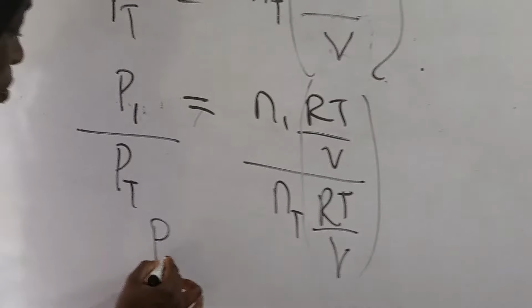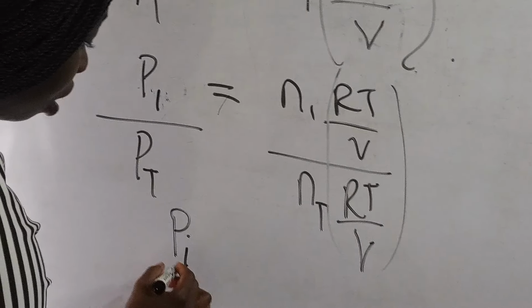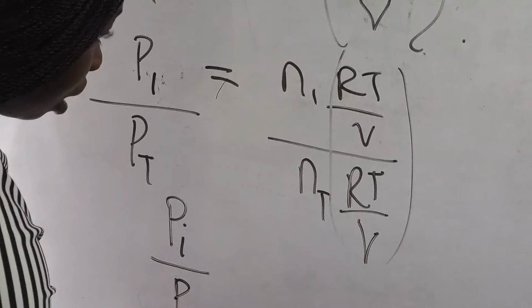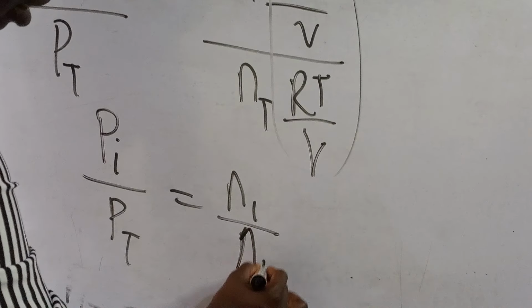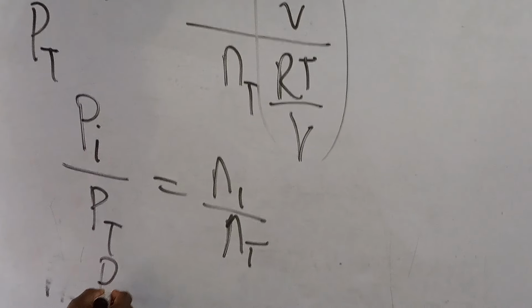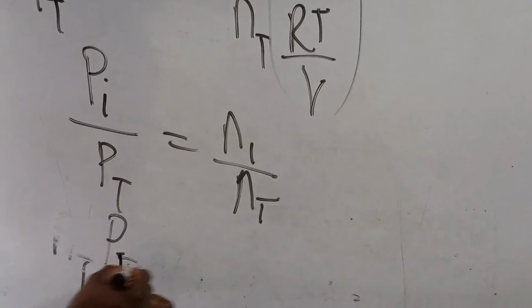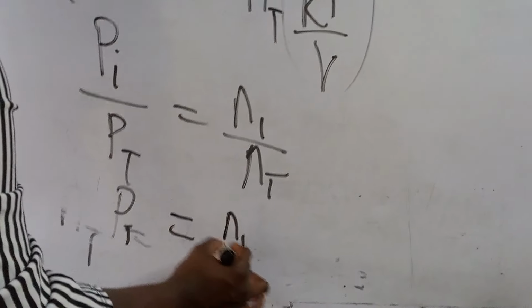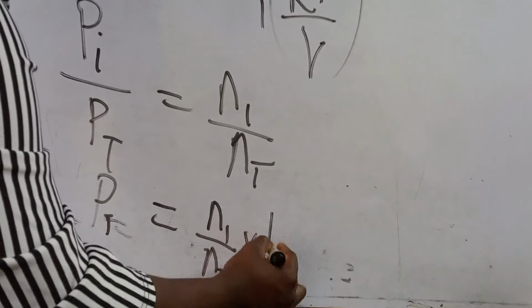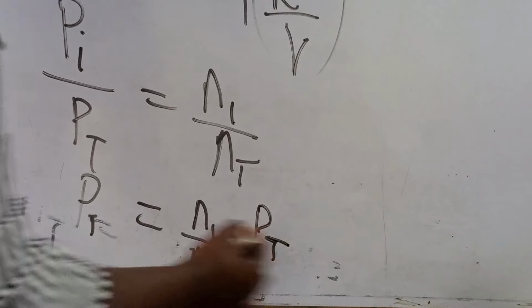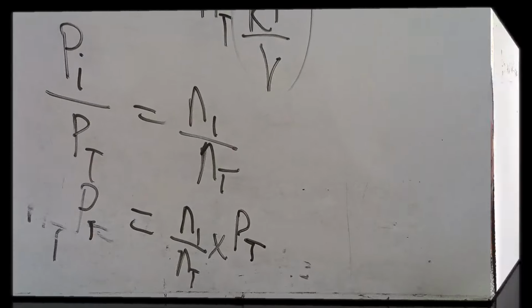We will be left with P1 over PT equals N1 over NT. Therefore our partial pressure for a particular gas will be equal to N1 over NT times PT, after you cross multiply.